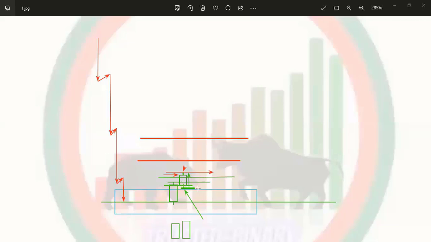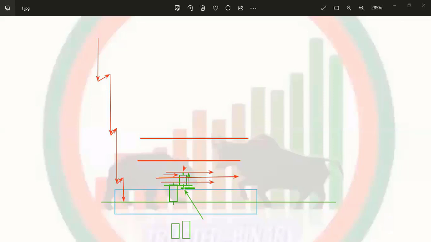So what do we mean by this total situation? That was the sellers' entry point area, because previously sellers pushed the market down from this point here, and then buyers came, and there is another level, any round number level or any resistance level, like this type of level, that also breakout happened by these buyers.